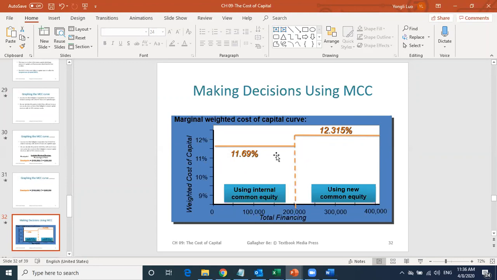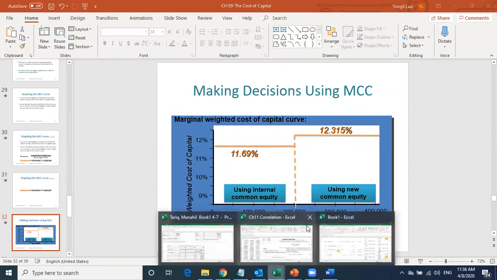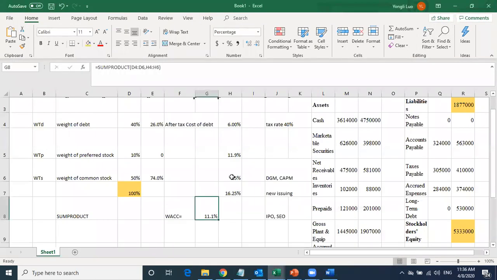If you raise capital beyond that 200,000, the cost will go up to the next level. You have to use new common equity. Remember, with new common equity, the cost is not 15%, it's 16.25%, so your weighted average cost of capital will increase to 12%.